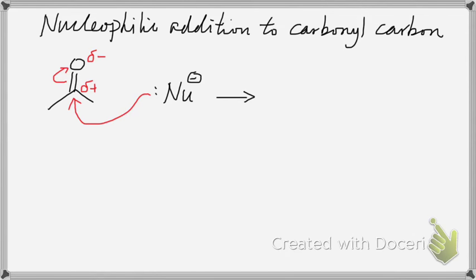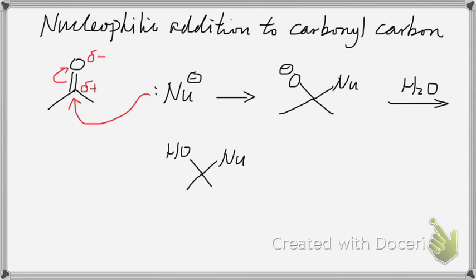A nucleophile can attack the carbonyl carbon and break the C=O double bond. The electrons go to the oxygen to form the alkoxide. And after protonation on the oxygen, it gives an alcohol as the final product.